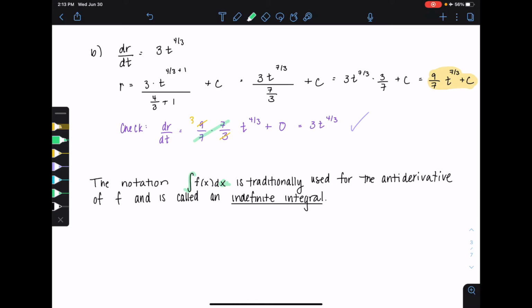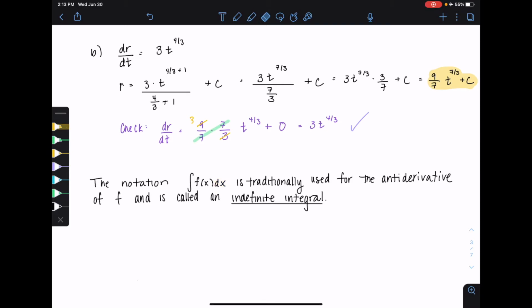So there's key pieces to what each of these end up meaning. This sign is our integral sign. It looks like an S because you're going to see it kind of stands for sum in the very next section. And then this thing at the end is basically telling you what you're taking an antiderivative with respect to.